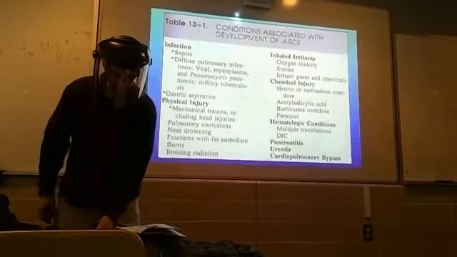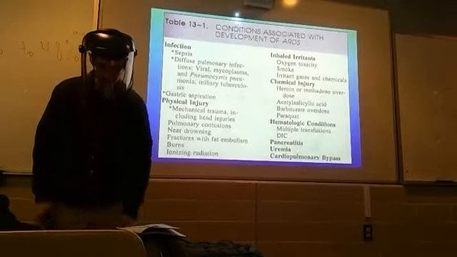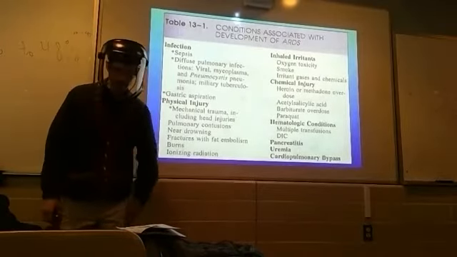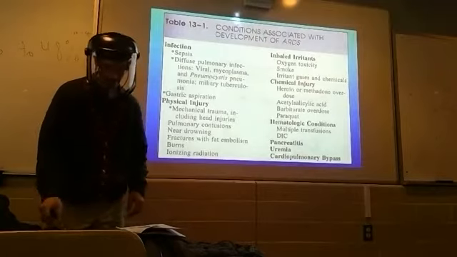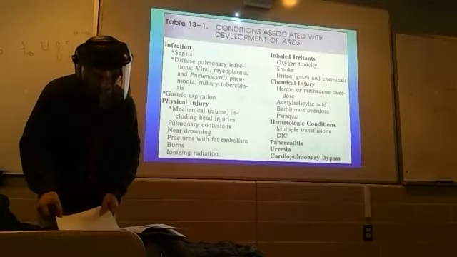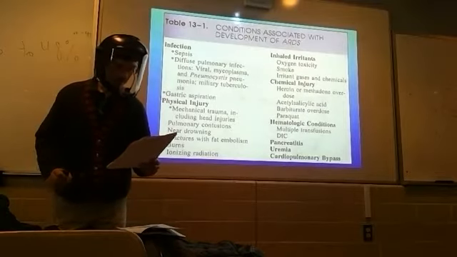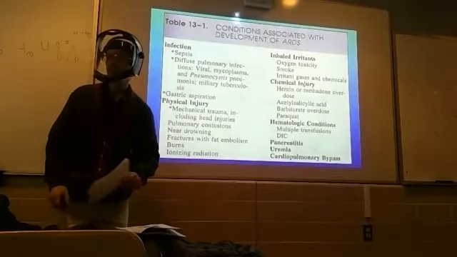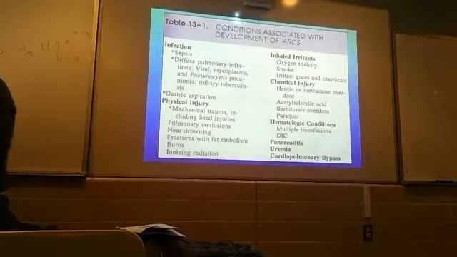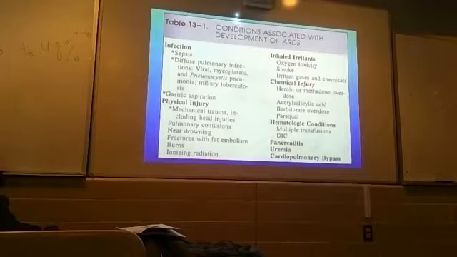Let's take a look at some of the examples. Idiopathic pulmonary fibrosis, IPF. Now that's an interesting one. The cause of this particular disease is unknown. It's thought to be caused by the inhalation of some sort of antigen an individual is sensitive to, maybe an antigen found everywhere in the environment that you really can't avoid.